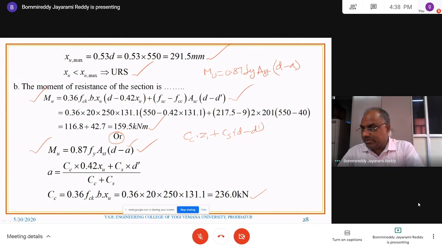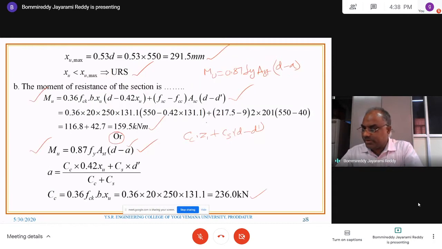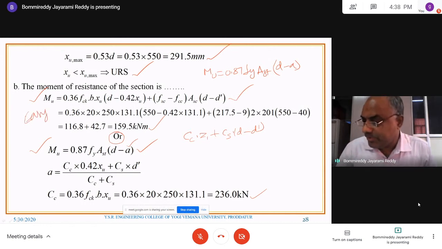Otherwise also 159.5. So either you do it the second way or the first way. The first way is always easy. So you always move on to computing the moment of resistance by using only compressive forces, no need to go for tensile forces.